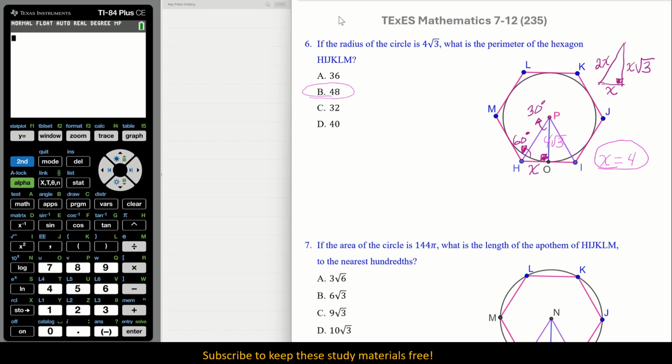We need the sine of 30 over x, and that is going to be equal to the sine of 60 over our 4 square roots of 3.